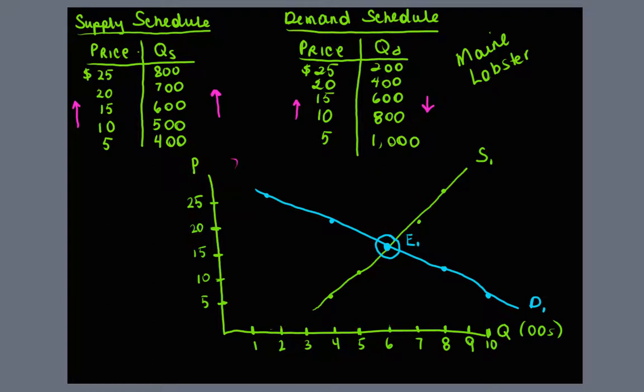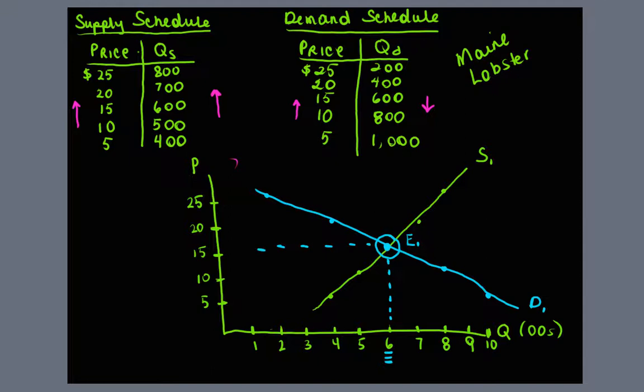If we come down to the quantity axis, we see that suppliers are supplying and consumers are demanding 600 pounds of lobsters at the price of $15, per pound of lobster.